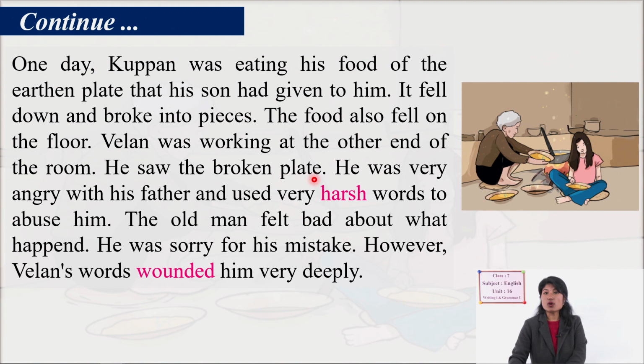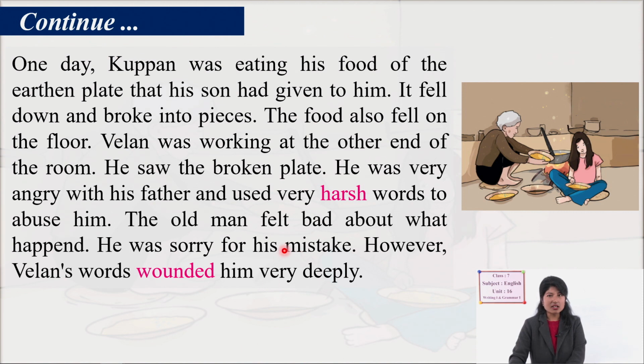He saw the broken plate. He was very angry with his father and used very harsh words to abuse him. The old man felt bad about what happened. He was sorry for his mistake. However, Velen's words wounded him very deeply.